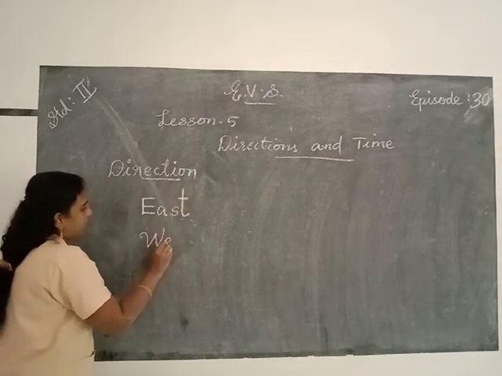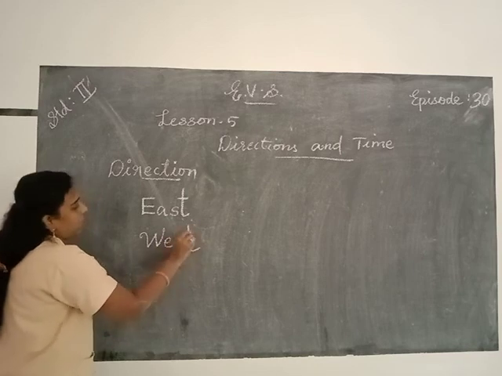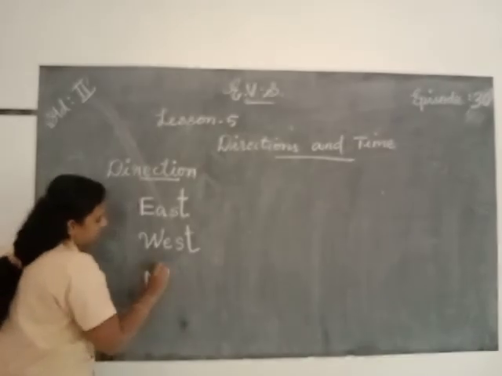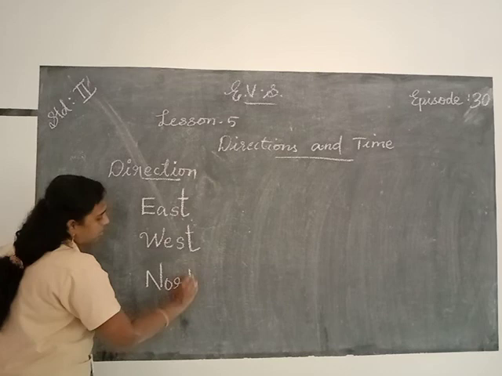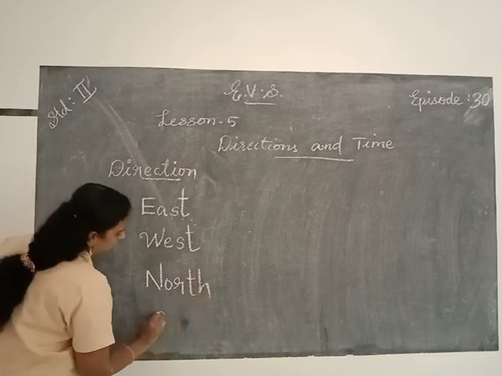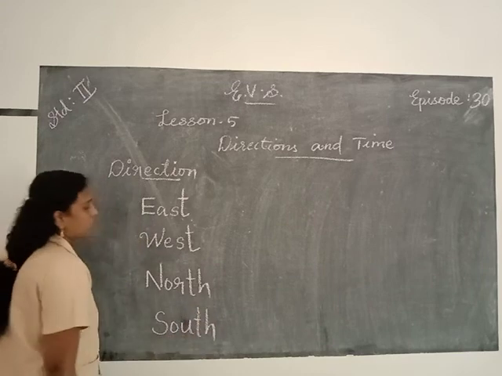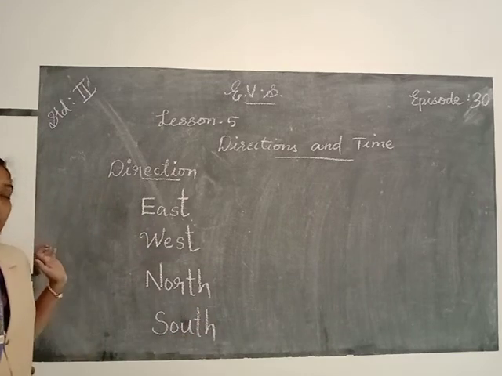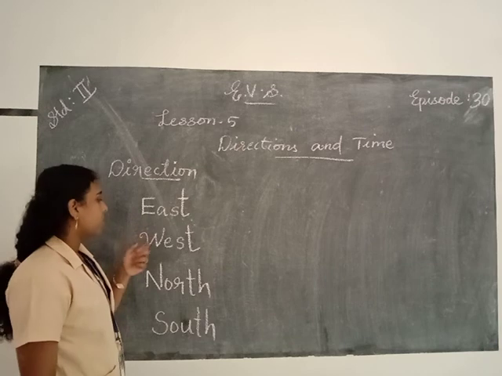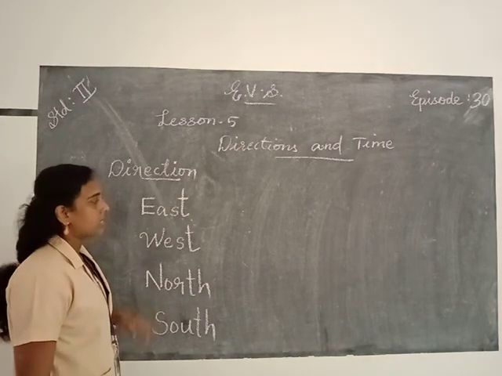West, W-E-S-T, west. North, N-O-R-T-H, north. South, S-O-U-T-H, south. So these are the 4 main directions: east, west, north, south.